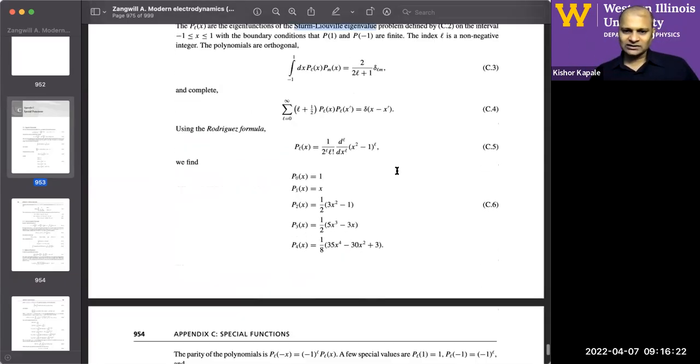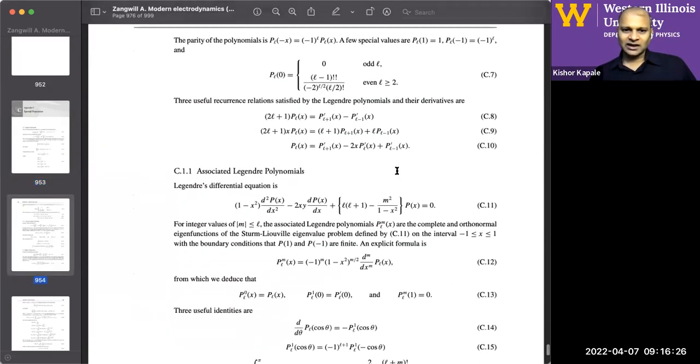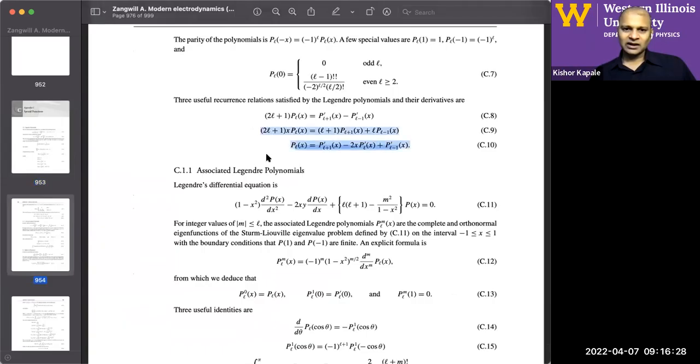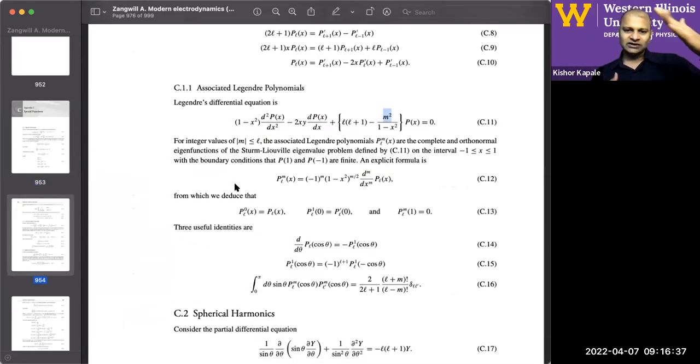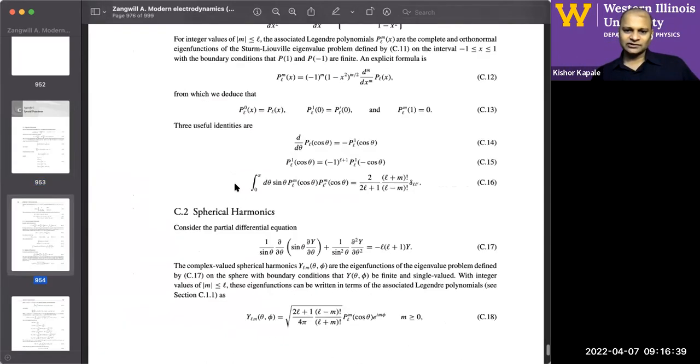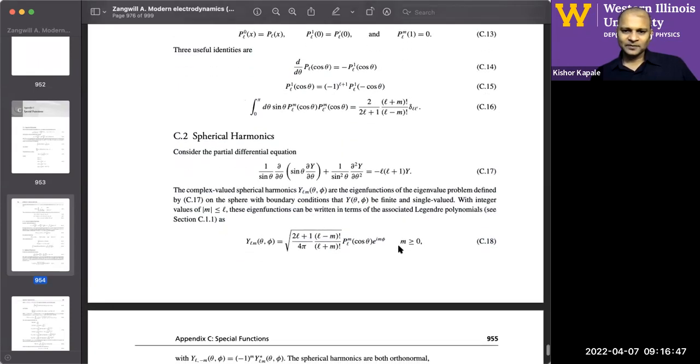You can go through the mathematics. Once you get the concept, the mathematics is straightforward. And that's the idea behind all of this. Okay, and then the slightly different differential equation, where m is not 0, gives you the associated Legendre polynomial. So you need to split the two parts, and that gives you the Y_lm(theta, phi). You get the P_l's for the theta part and the phi part.